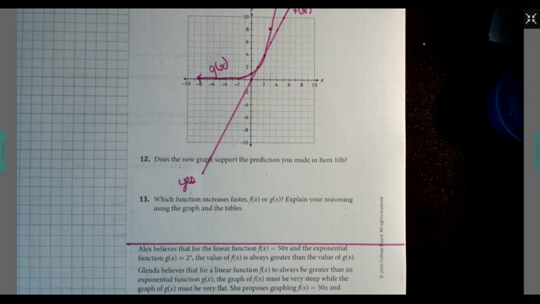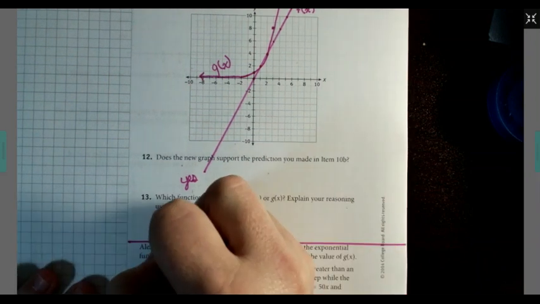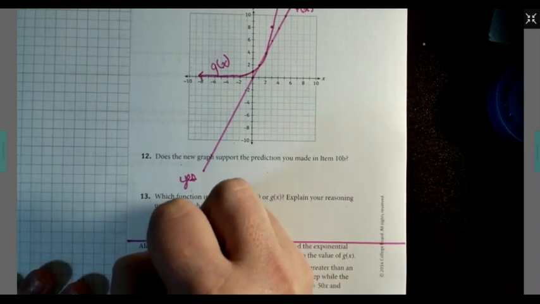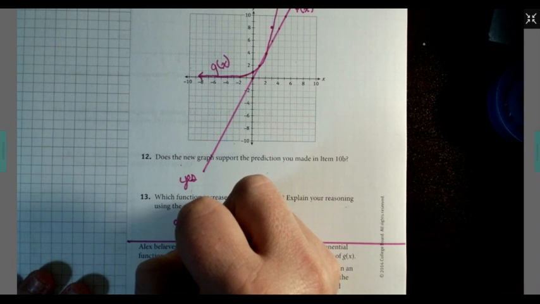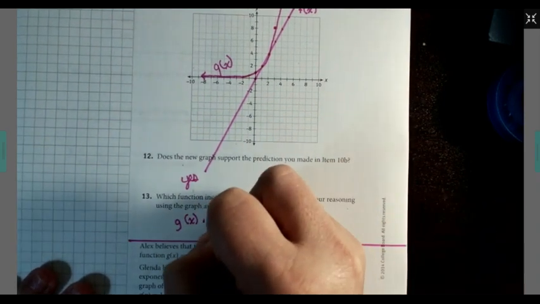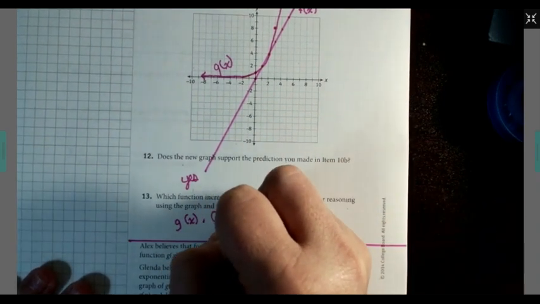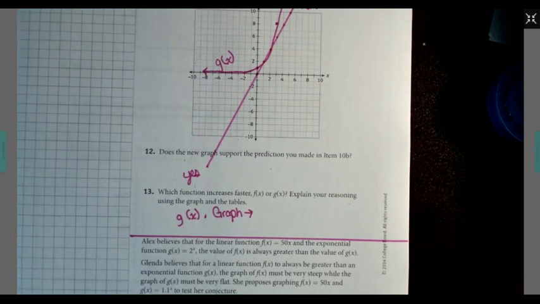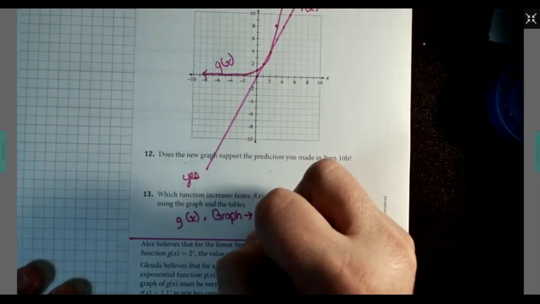Number 13, which function increases faster, f of x or g of x? And explain your reasoning using the graph and the table. G of x. If I look at the graph, g of x is steeper than f of x.